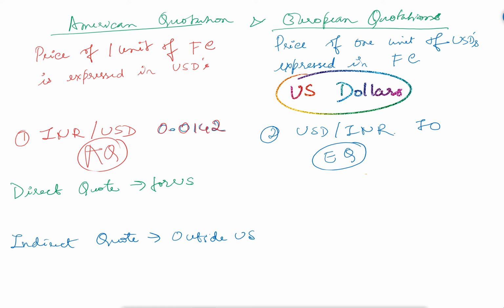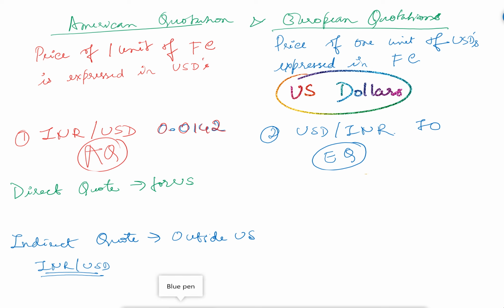However, an American quote becomes an indirect quote outside the US. Why? Because let's take the same quotation, INR USD. If you apply the meaning of an indirect quote for India, INR is a domestic currency and it's in the base position. 1 unit of domestic currency expressed in foreign currencies is an indirect quote.